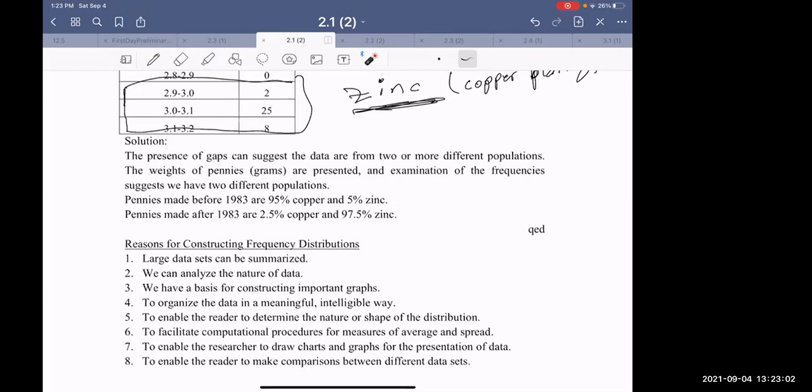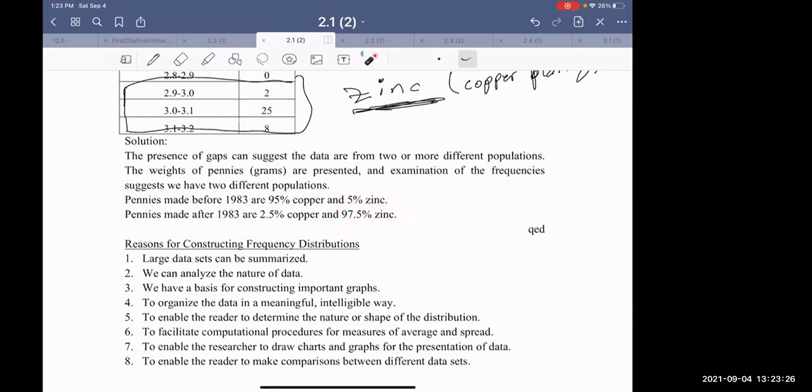So you can tell, wait, this is not made with the same metals. It's 97% zinc. So a copper penny is really a zinc penny. Really, these pennies are now zinc because it's cheaper. So again, this is cost saving.